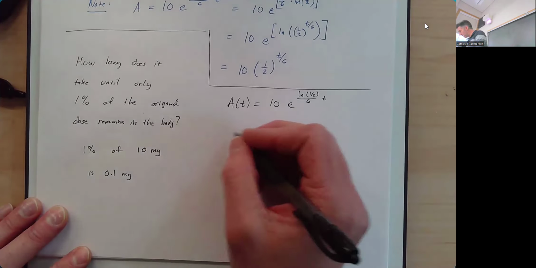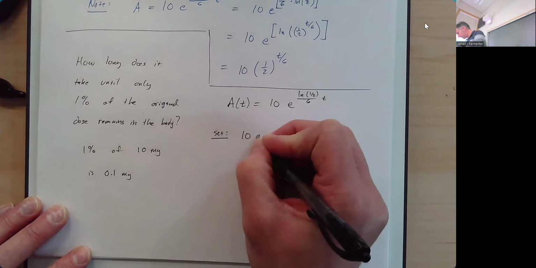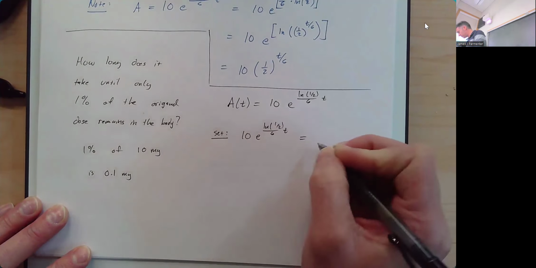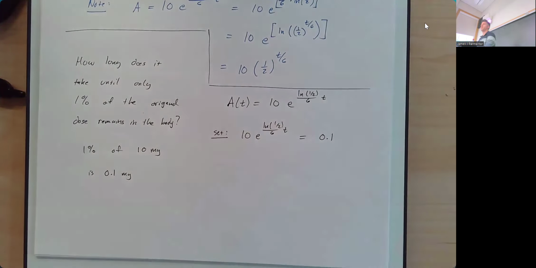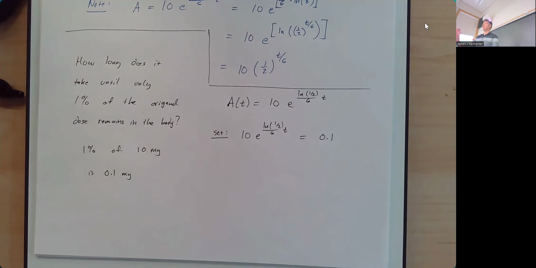So then we're going to set our amount, 10 e to the natural log of 1/2 over 6 times t, equal to 0.1. And then we're going to solve for t very similarly to how we solved for k previously, by first dividing by the coefficient out in front, and then taking the natural log of both sides, and then getting the thing we want by itself.